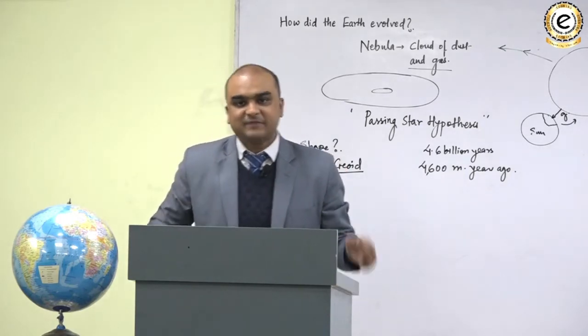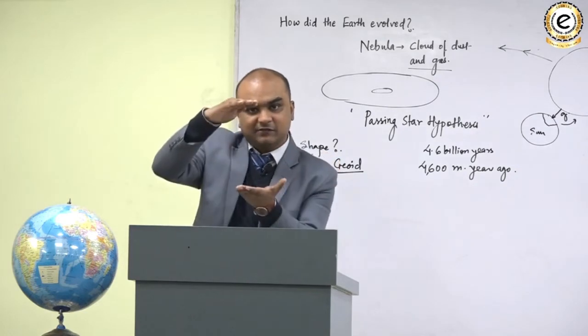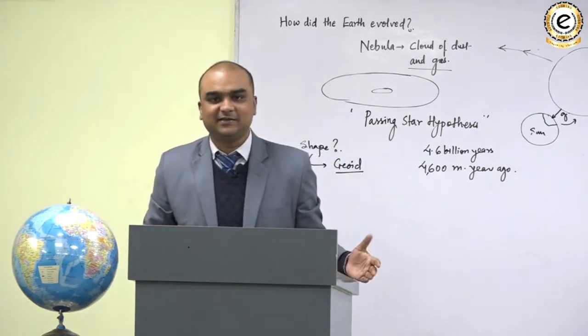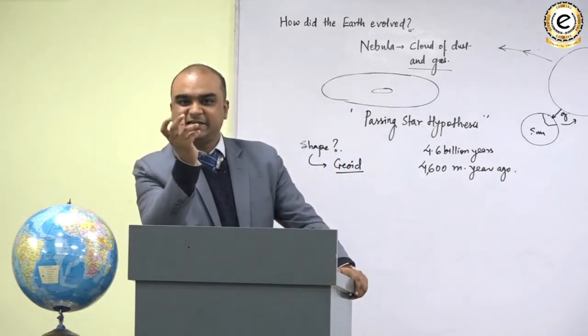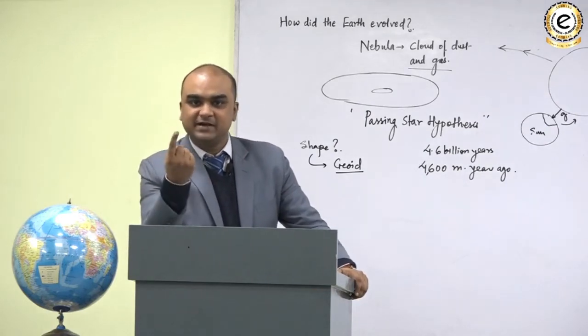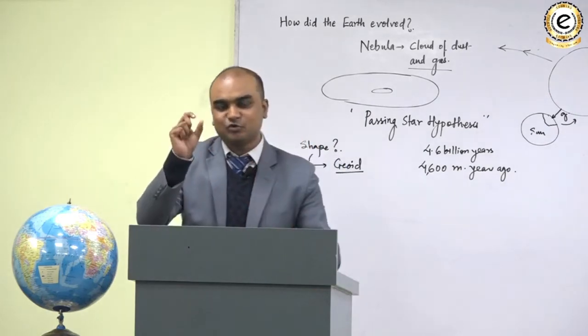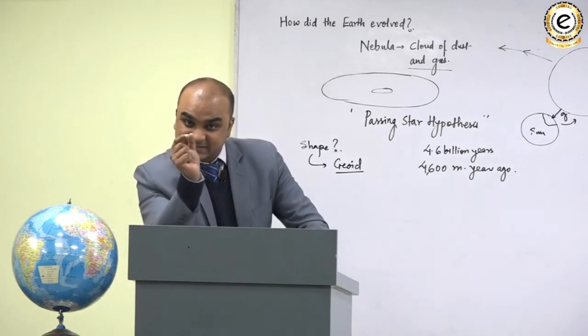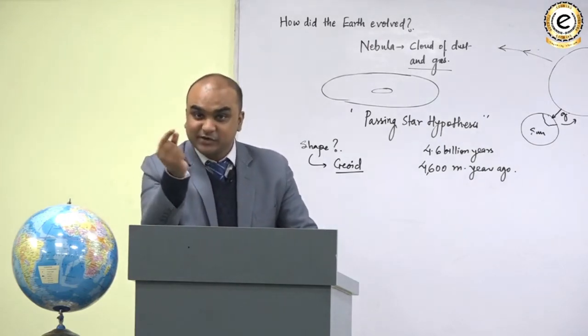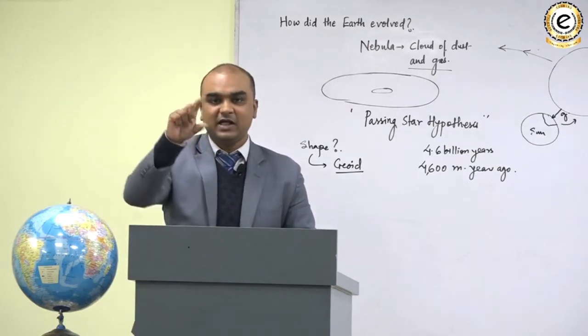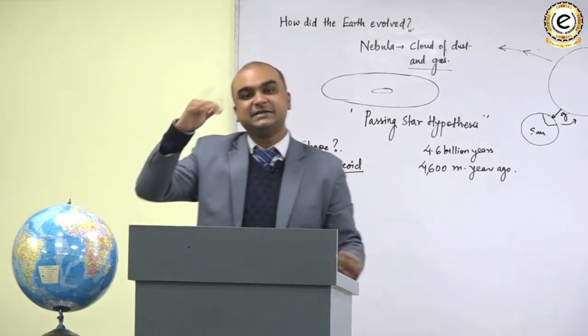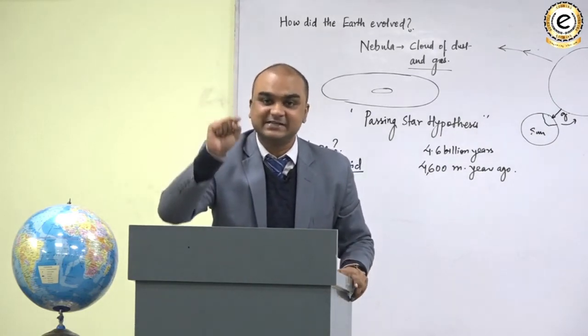Do you understand that? It means if you create that bulge, the flattening would occur automatically. In fact, if you rotate the tennis ball at very high speed, and if you have an ultra slow motion camera, you will see that slight bulge at the equatorial locations of that tennis ball and slight flattening at the polar locations of that tennis ball.